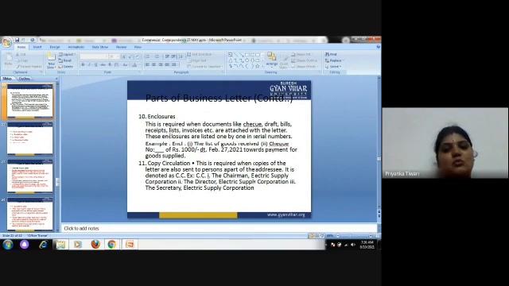Copy circulation: this is required when copies of the letter are also sent to persons other than the addressee, denoted as the chairman, electric supply corporation, director, electricity supply corporation, and the secretary, electric supply corporation.